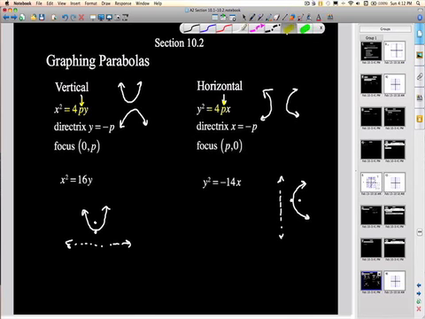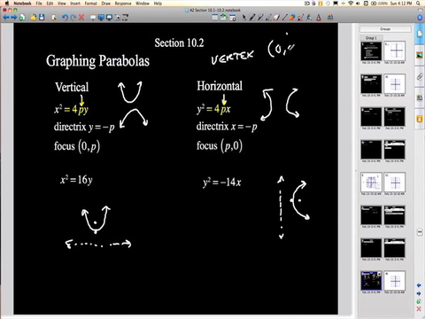When we find what p is, then we can find the distance that p is from the center of our parabola, which is the location of the vertex. Right now, our vertex is going to be at 0, 0. So these are special cases. Later we'll get into how we work when the vertex is not at 0, 0. The vertex is the center of the graph of a parabola.